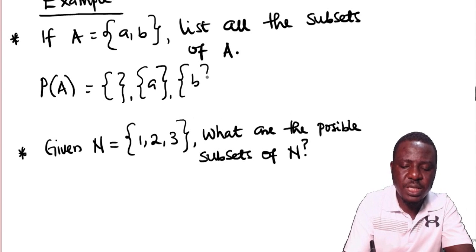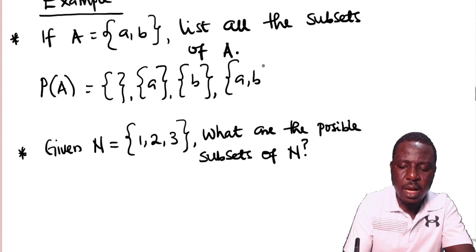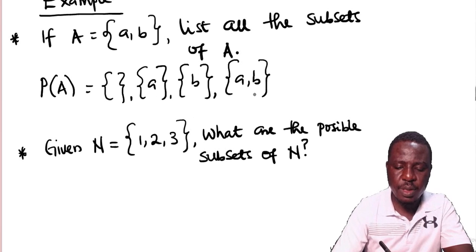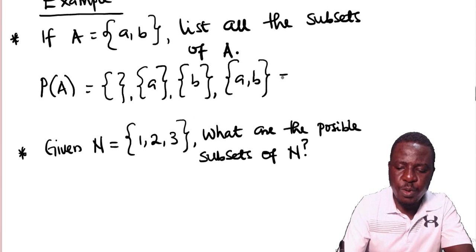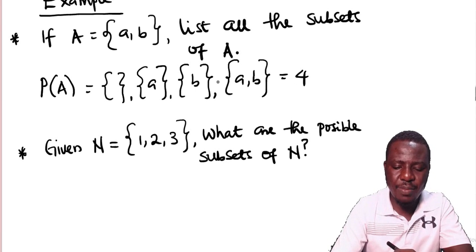I also have set B as a subset, and A, B. So P of A is 4 because I have 4 possible subsets.